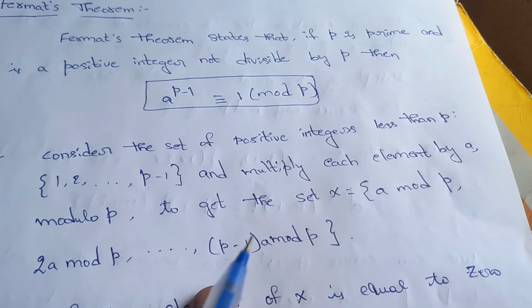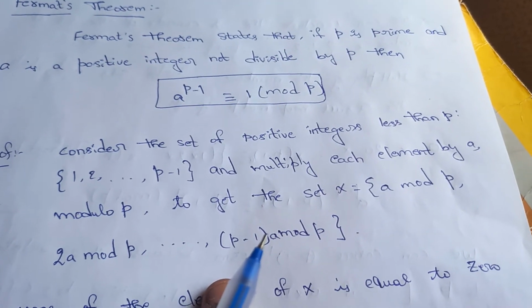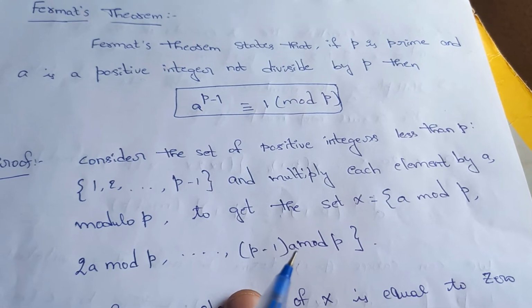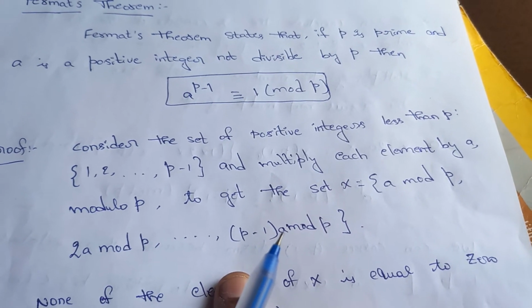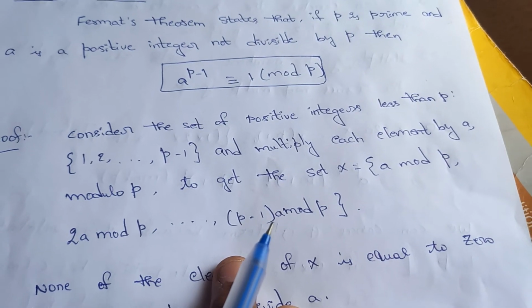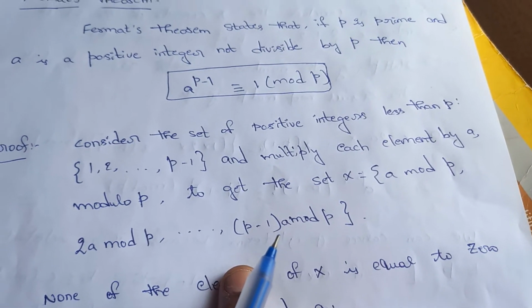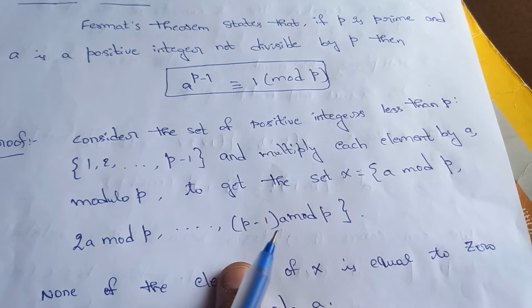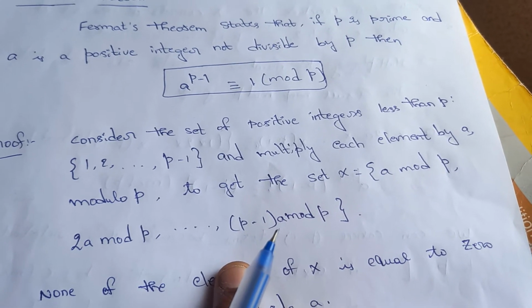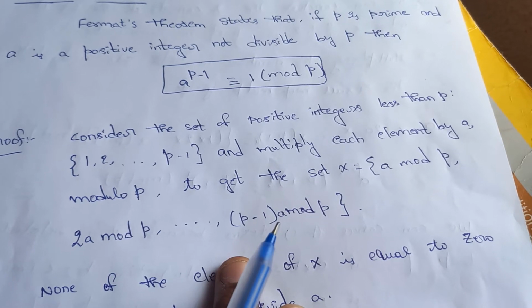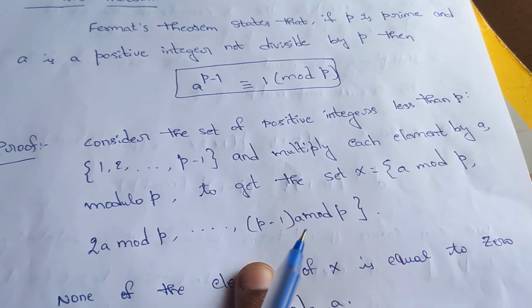Fermat's theorem states that p is prime and a is a positive integer not divisible by p. It means a must be relatively prime to p, that is, both a and p must be relatively prime.